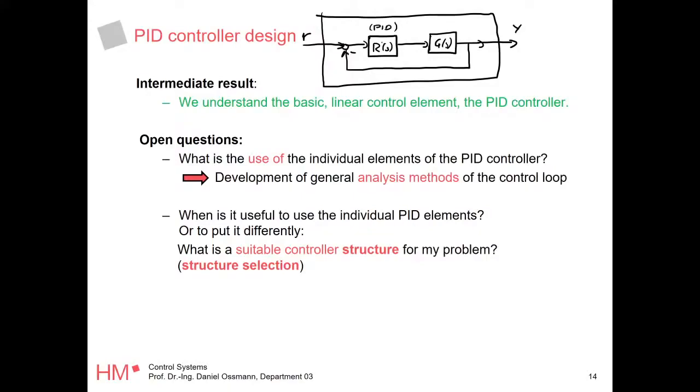How do we analyze the closed loop? It is called the closed loop because we close the loop here. The transfer function from R to Y, where we use the controller and close the loop, is called the closed loop system. And next we will discuss how we can actually analyze this closed loop.